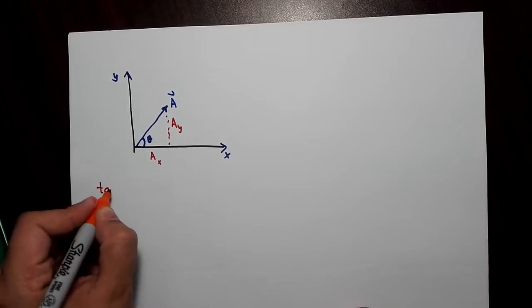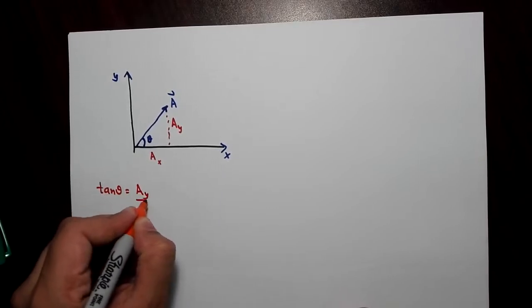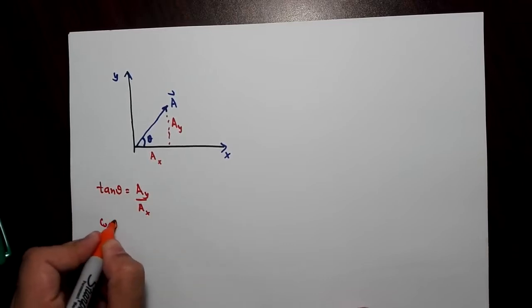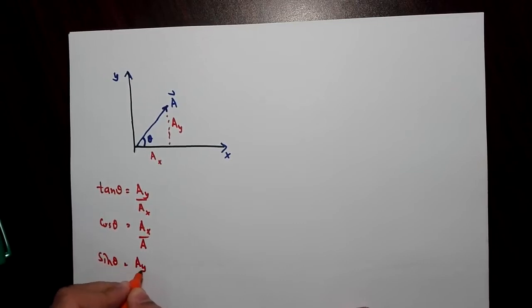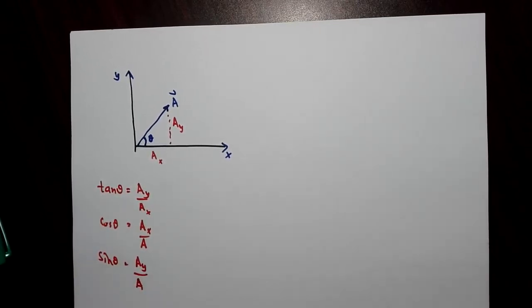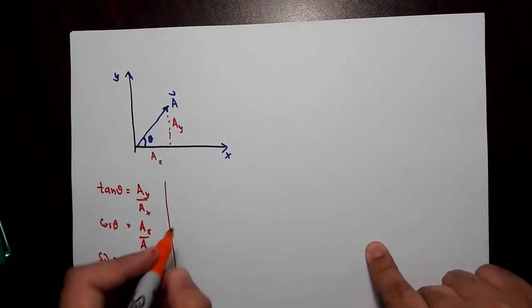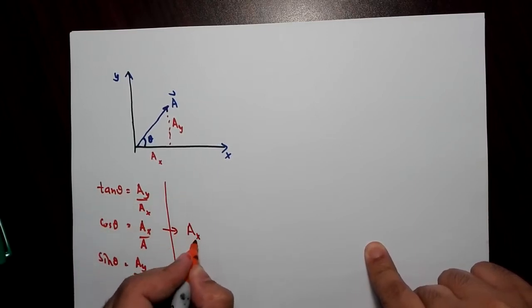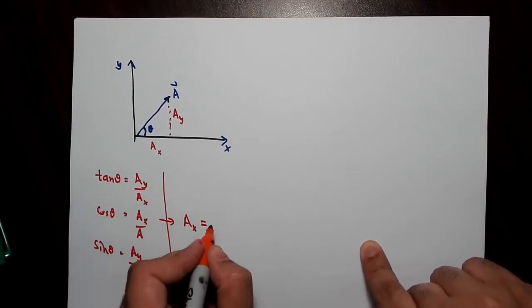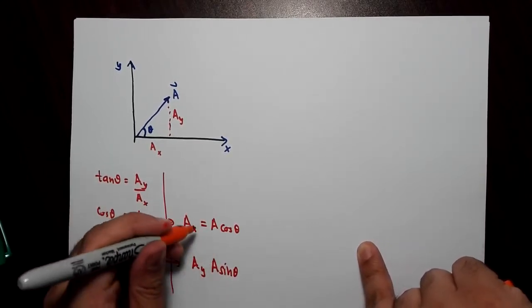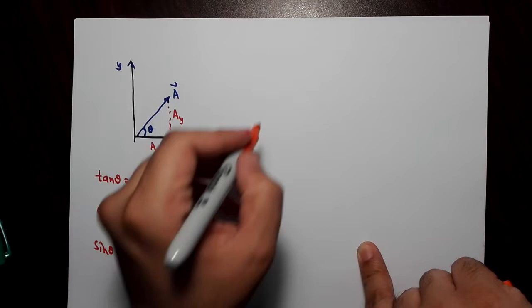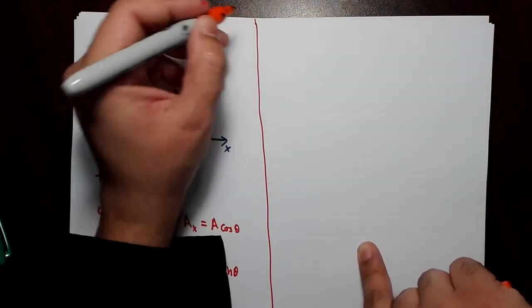So tangent theta will be Ay divided by Ax, cosine theta will be Ax divided by A, and sine theta will be Ay divided by A. So that implies that Ax is A cosine theta, and Ay is A sine theta. Now Ax has a cosine and Ay has a sine. That's the standard way vectors are introduced.